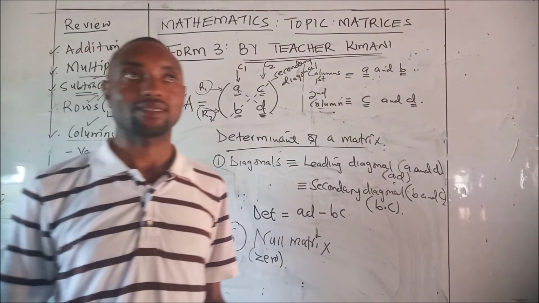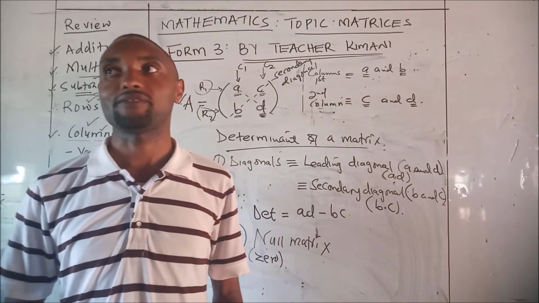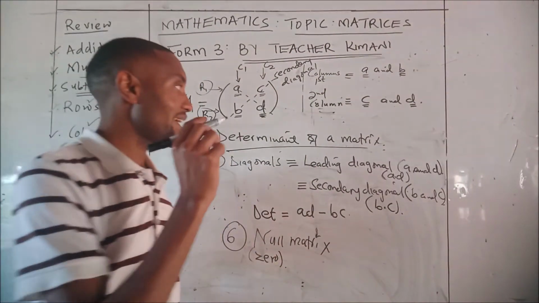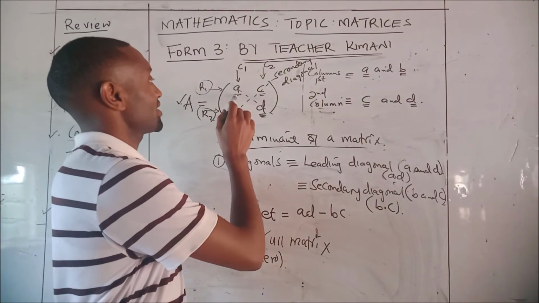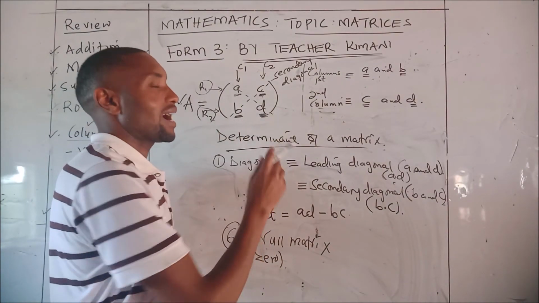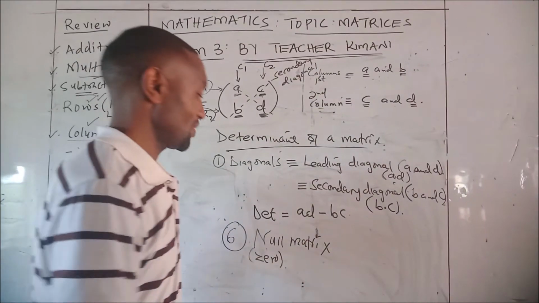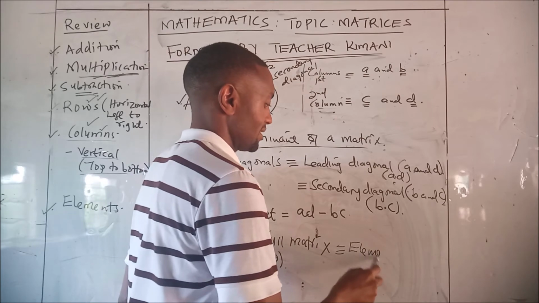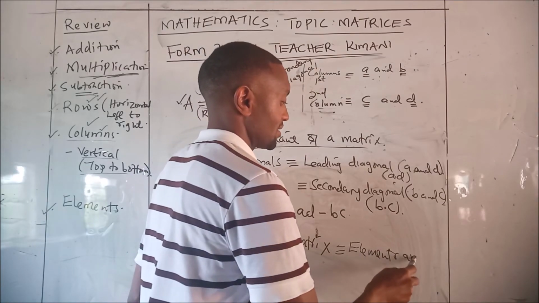So a zero matrix is what we have. All the elements, like A, B, C, and D, are all zeros.